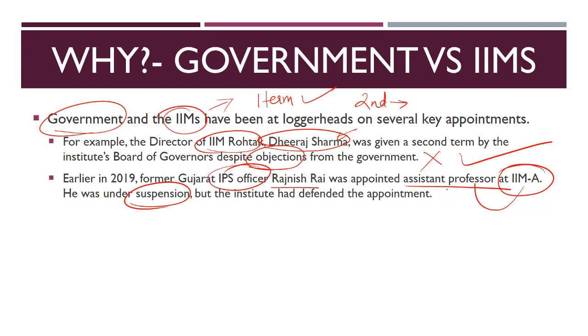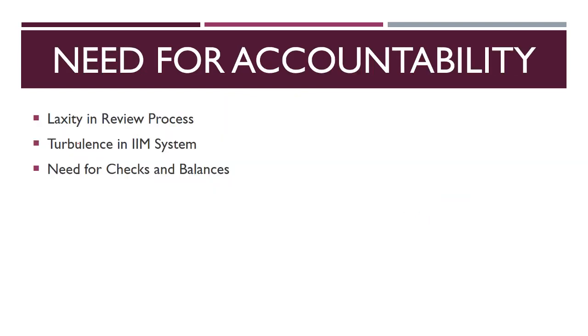The Ministry of Education, or at that time the Ministry of Human Resource Development, said that you cannot appoint a person who is suspended from government service as an assistant professor. But the institute said that we are autonomous, we have enough autonomy to appoint whoever we want as our assistant professor. We found him suitable and he has certain experience which he could share with the students, and therefore we appointed him. So they defended this appointment. So these issues had come up.